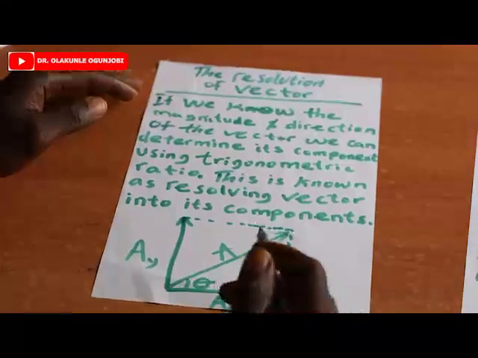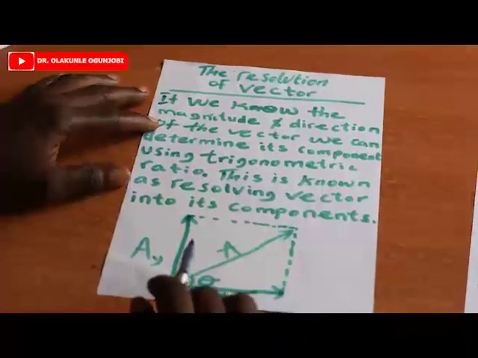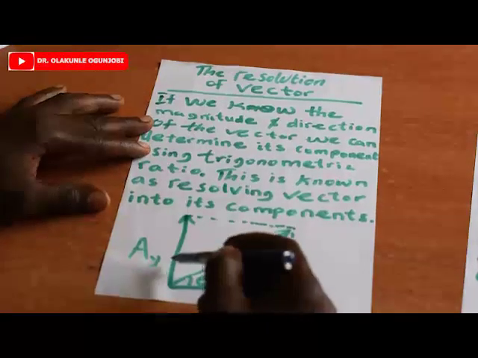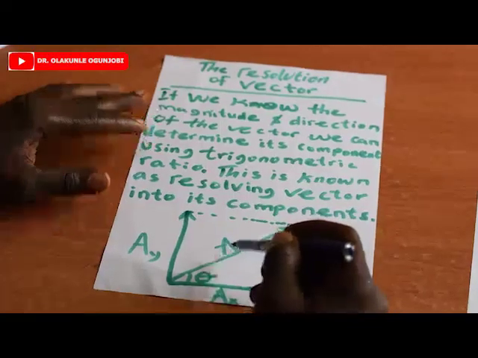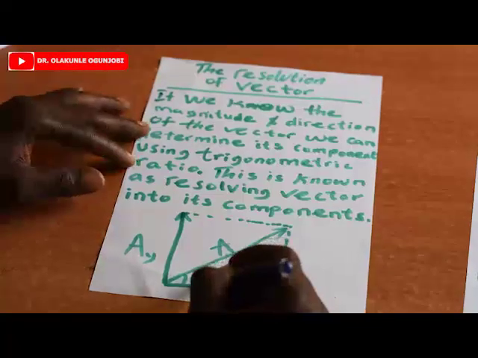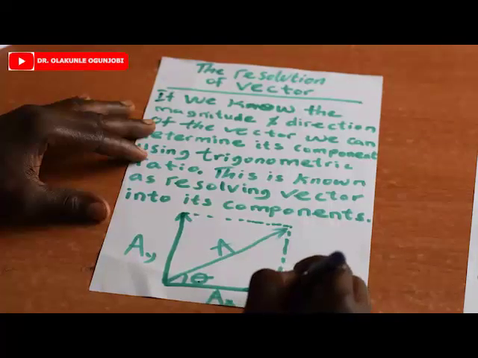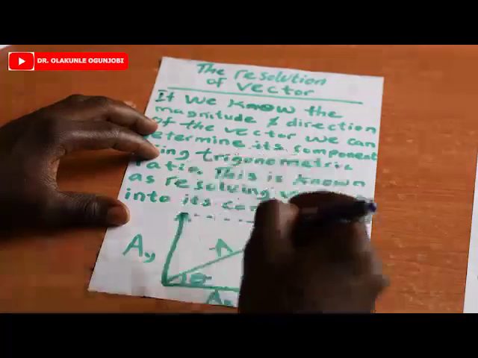This is known as resolving a vector into its components. In this figure, you can see the magnitude of A is known, and the direction is theta from the positive x-axis direction, this is positive x-axis, and then of course positive y.